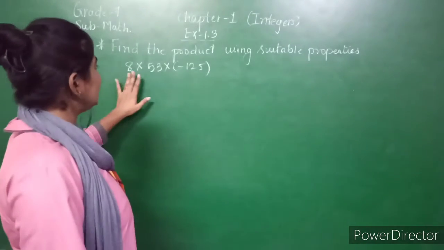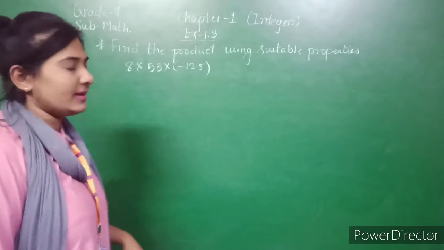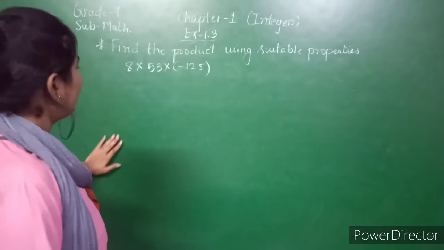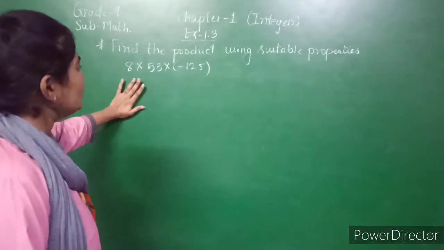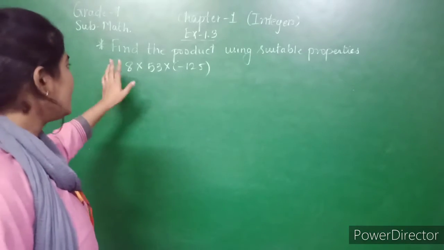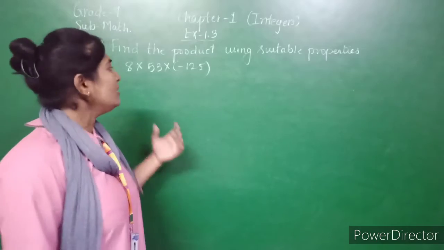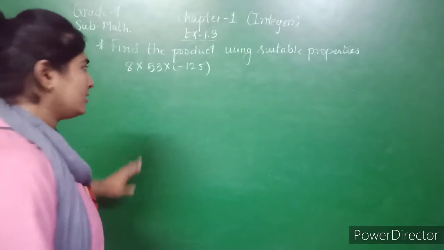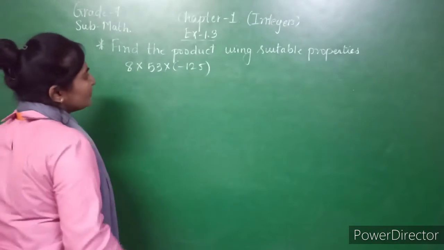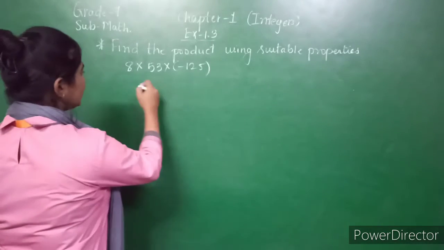Now next question, 8 into 53 into minus 125. So here what we have to see is that if we are multiplying 8 with minus 125, it will be easy to calculate. So for this which property we are using, that is commutative property.